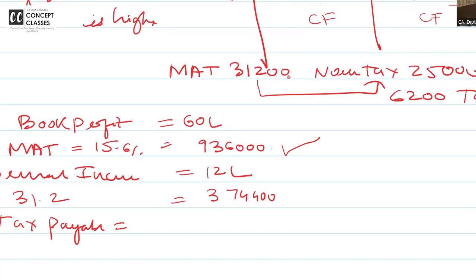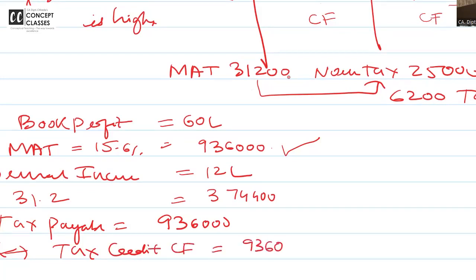9,36,000. Yes. See, all this, I cannot do it initially because till that time you were not ready. And now the tax credit. Tax credit carried forward is 936. 374,400 is the minimum tax you have to pay.